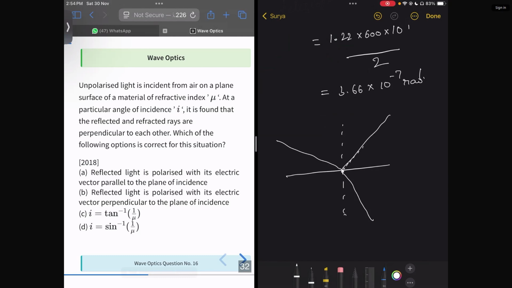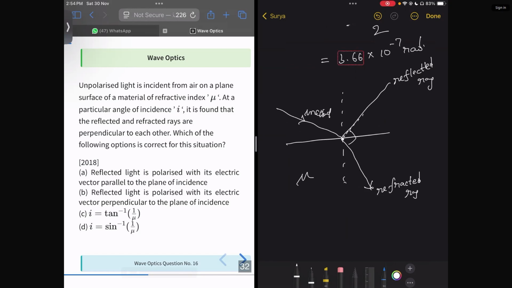This is the plane, this is the reflected ray, this is the refracted ray, this is the incident ray, and this is refractive index mu.